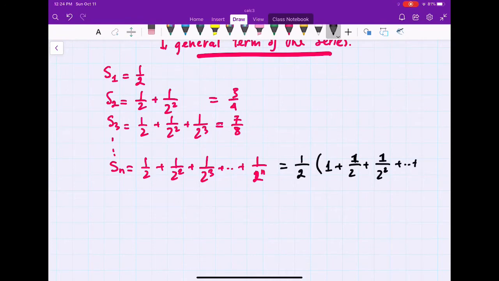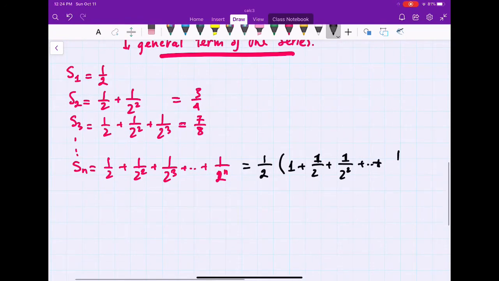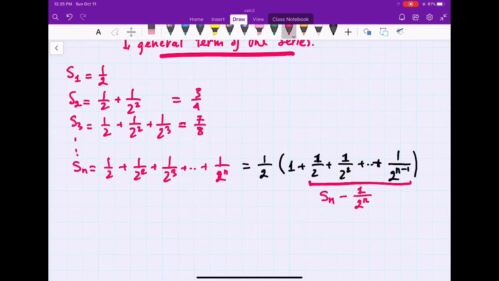Plus so on plus 1 over 2 to n minus 1. Is it correct? And if we pay attention to this form, you can see the following one. This is nothing but Sn minus 1 over 2 to the n.